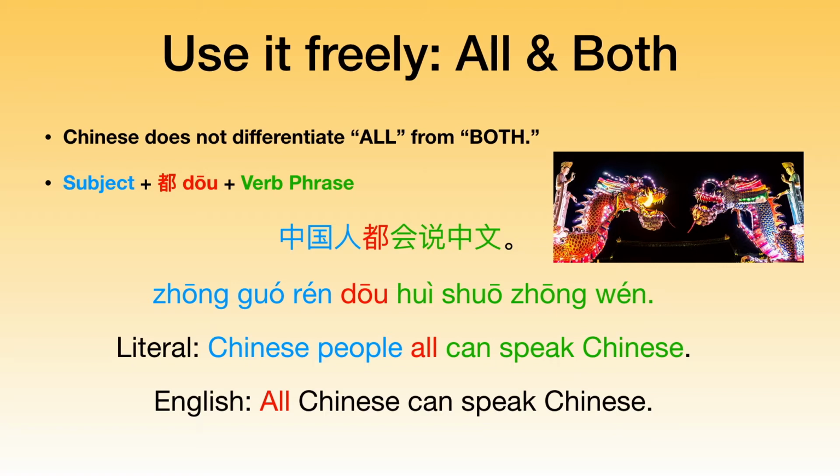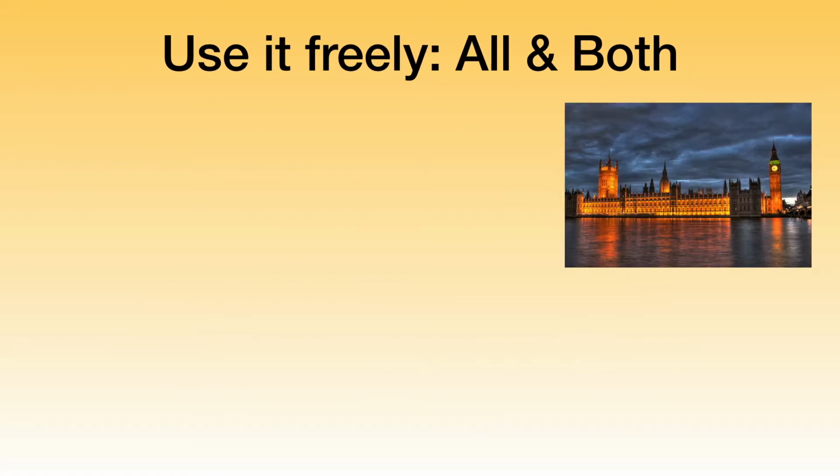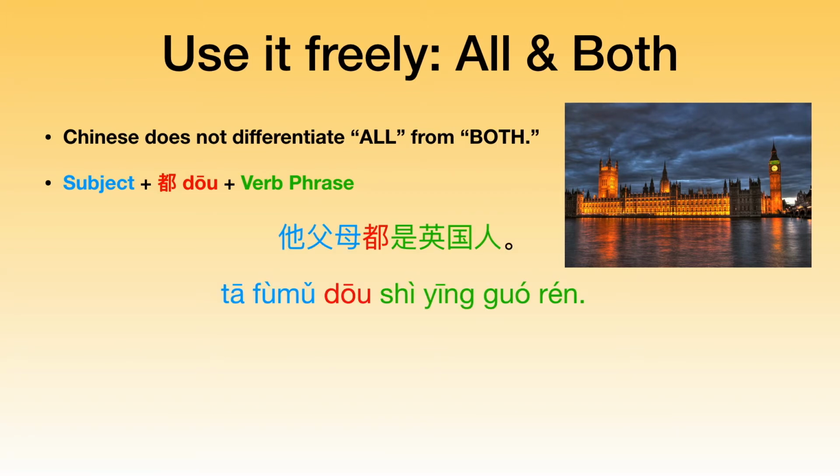So you can see here we use dou in front of the verb phrase. We don't use dou, like all as in English, in front of the noun. Okay? So let's see another sentence. 他父母都是英国人.